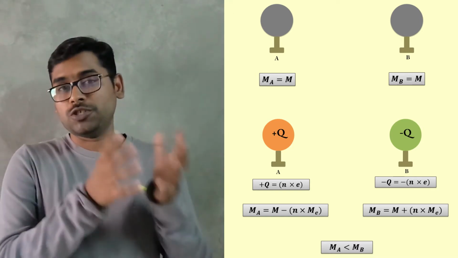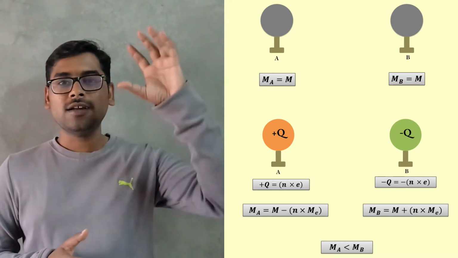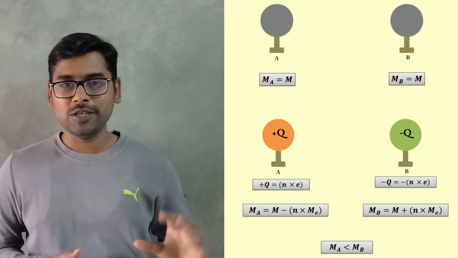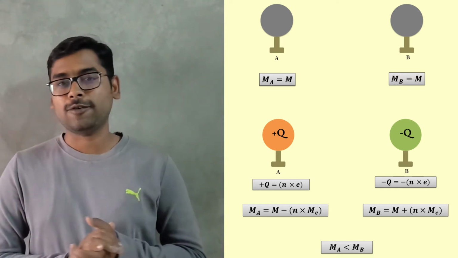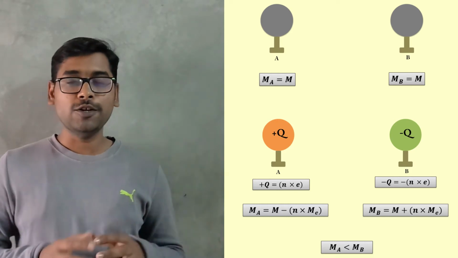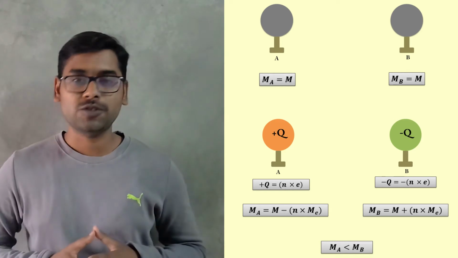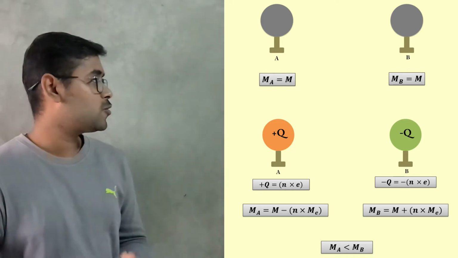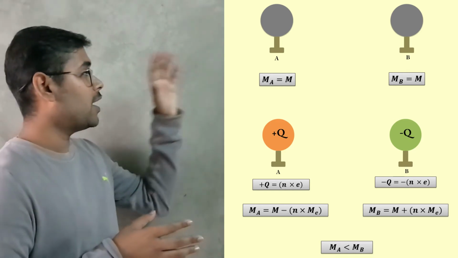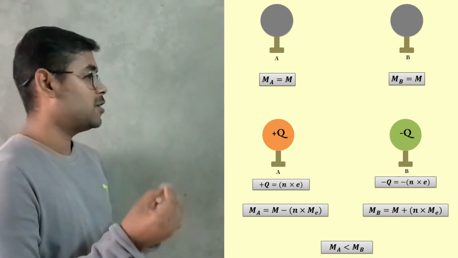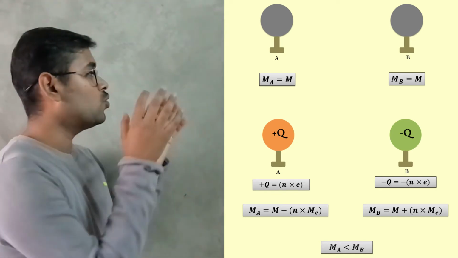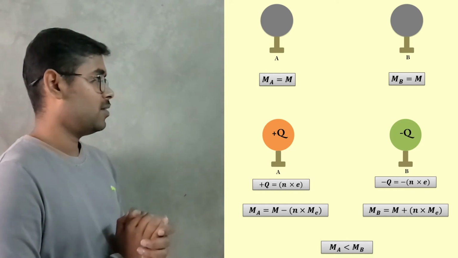Guys, in the previous question we discussed that to turn a neutral body into a positively charged body, we need to remove some electrons from it. Similarly, to turn a neutral body into a negatively charged body, we need to add some extra electrons to it. Now here in this question also, to turn the sphere A into a positively charged sphere carrying charge +Q, we need to remove some electrons from it.